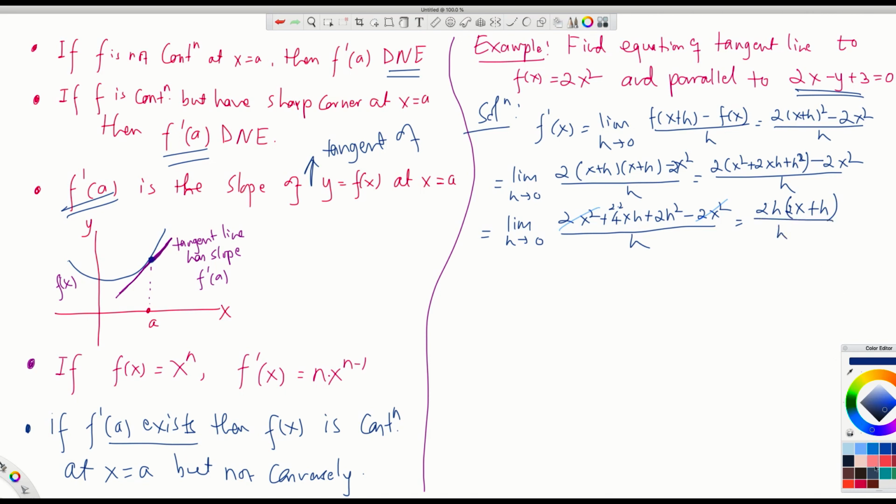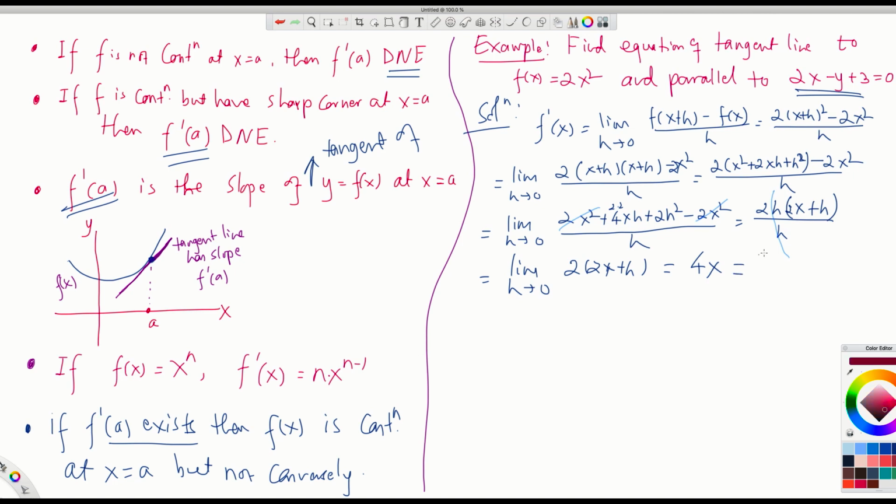Now if I cancel those h and h, I get the limit as h tends to 0 of 2x plus h. If you plug in h tends to 0, you get 4x. So the derivative of 2x squared is 4x.